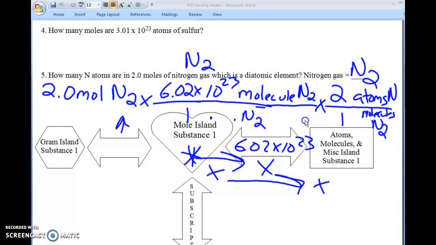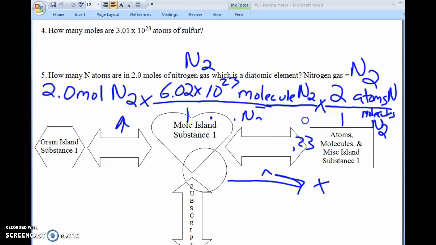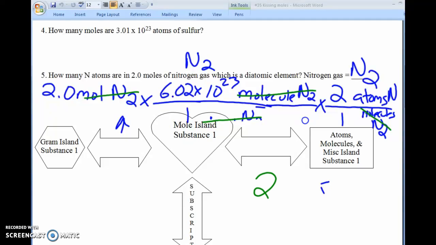I'm going to erase a little bit, clear things up a little bit. We crunch some numbers. This label cancels out with this label. This label cancels out with this label. We're left with our answer in atoms of nitrogen. We end up getting, for an answer, 2.408 times 10 to the 24th.